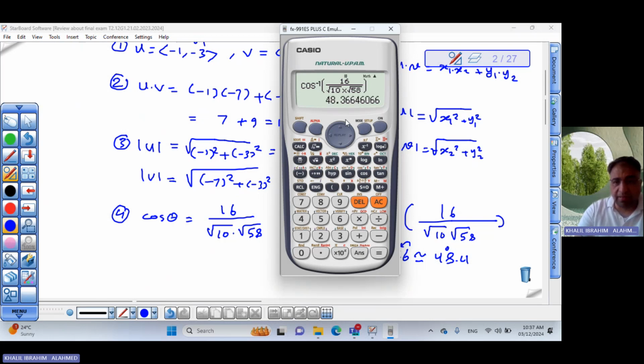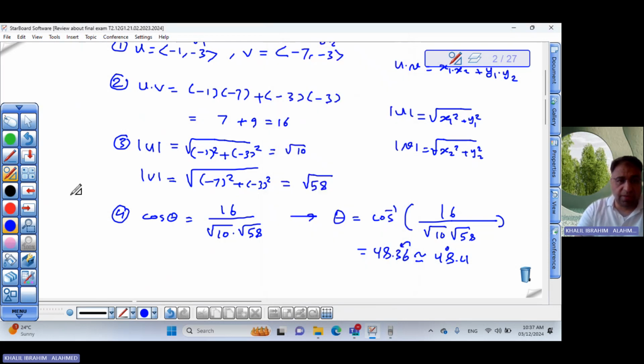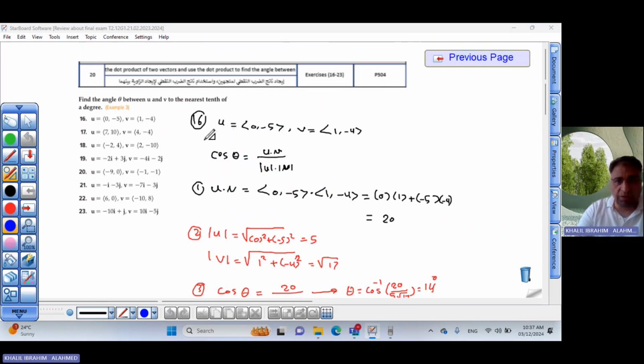Okay, the answer equals 48.4 after approximation. That's it. This is the answer.